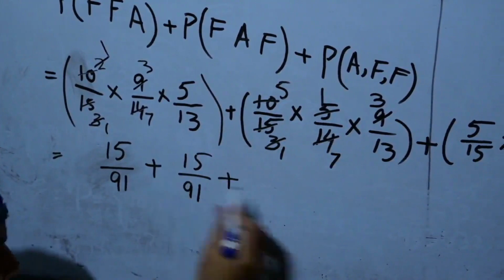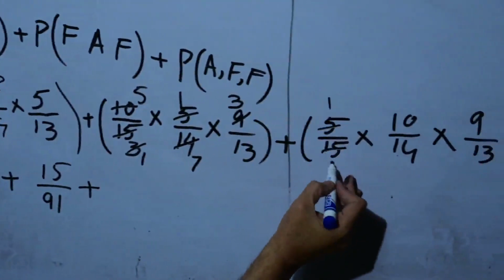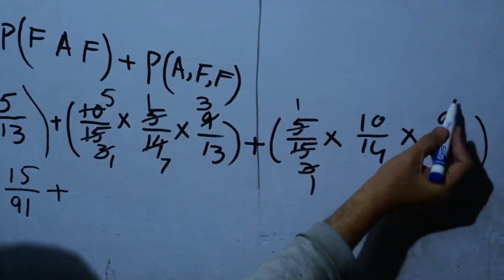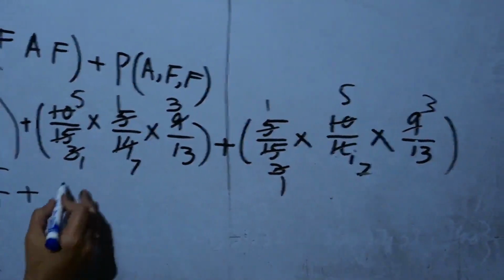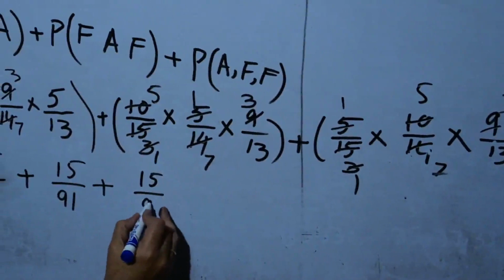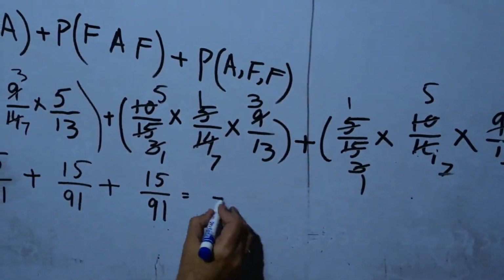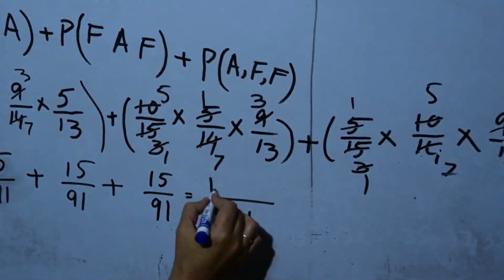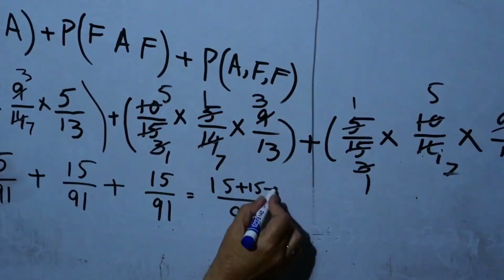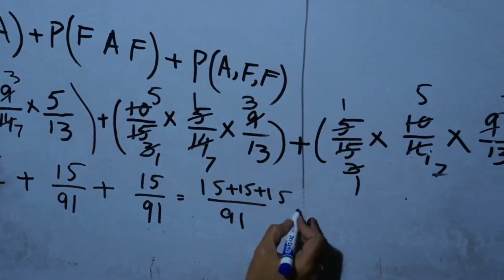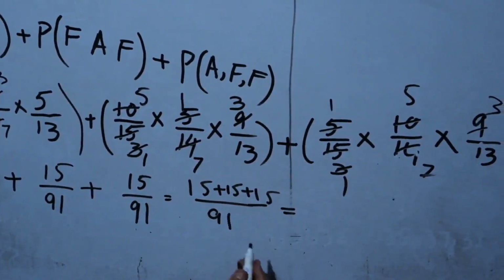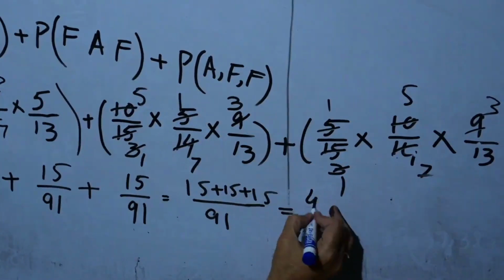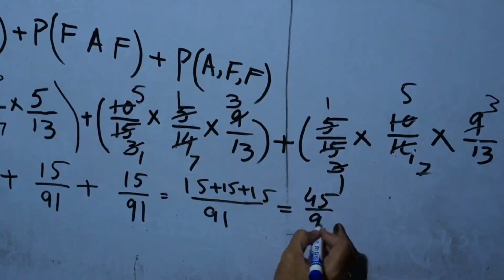Plus again this is 15 over 91. So 91 is the LCM and we are left with 15 plus 15 plus 15. So this will be equal to 15 plus 15 is 30, 30 plus 15, you can use a calculator because it's a paper 2 question. 45 over 91 is the answer.